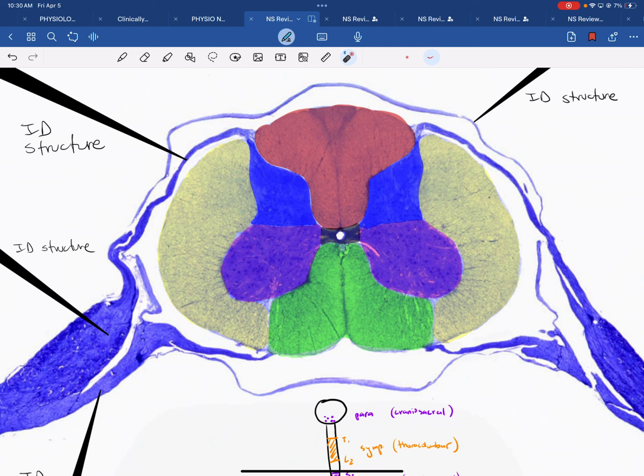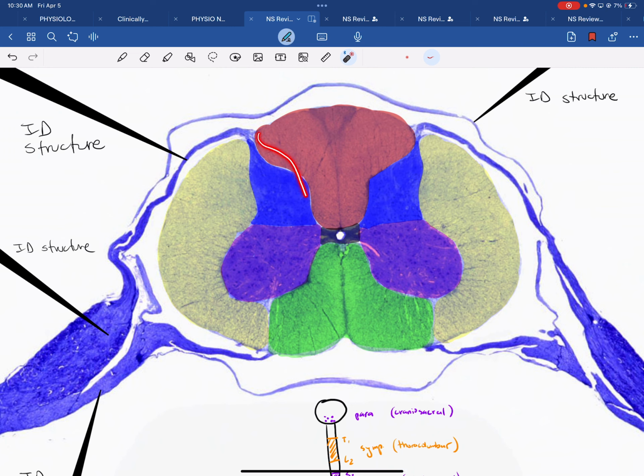Okay. So in between the posterior median sulcus and the, what are these? The posterior rootlets. Good. So in between those two is this chunk of white matter. What is it called? Posterior funiculus, or posterior column, or posterior white column. Funiculus is singular, funiculi is plural.